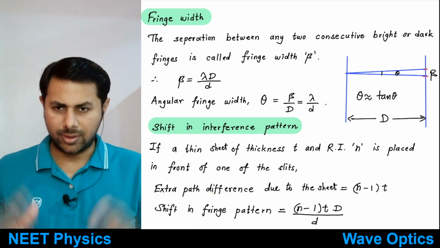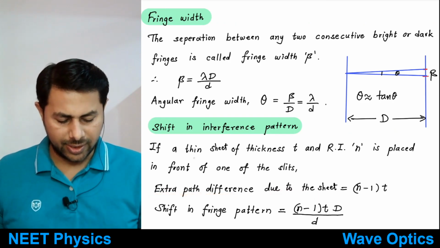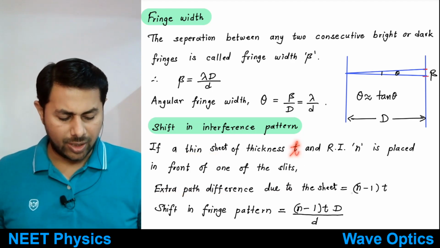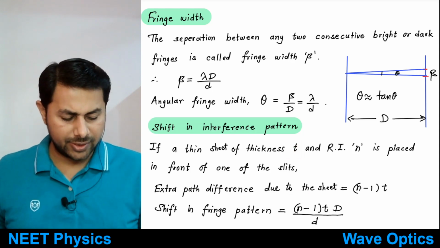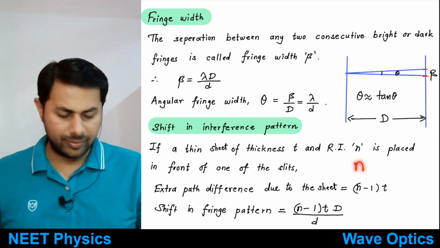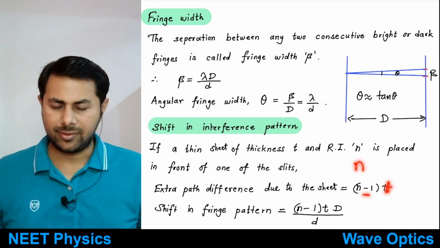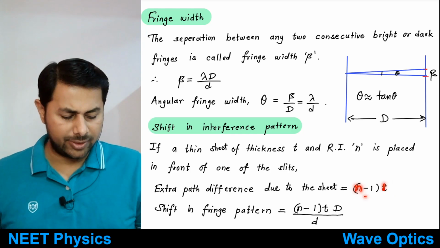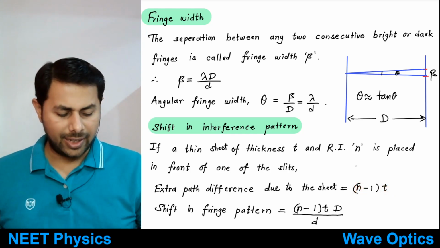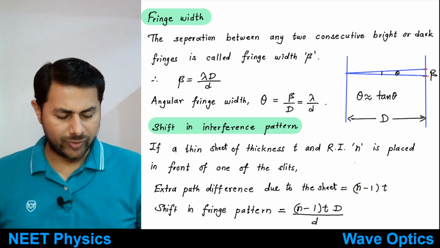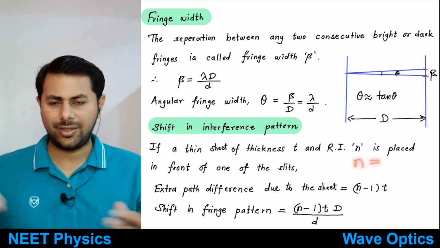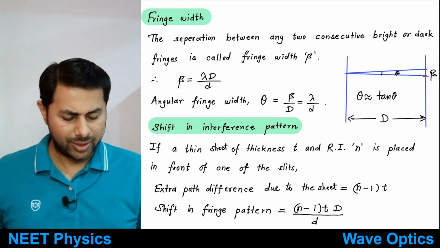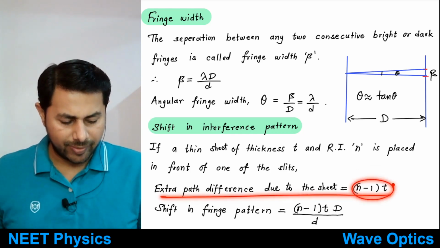Suppose there is a thin glass sheet or mica sheet having thickness equal to T, how much would be the extra path? It is the refractive index of that medium minus 1, times T. N is the refractive index. What is refractive index? It's the speed of light in vacuum divided by the speed of light in that medium. So that is the extra path difference.